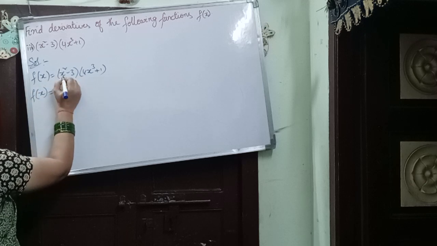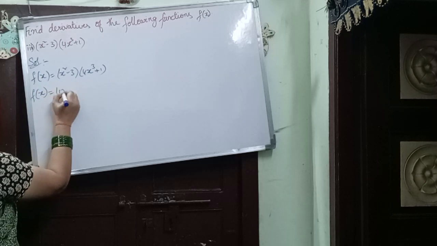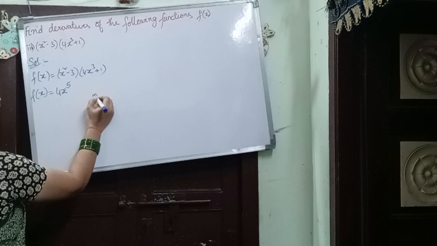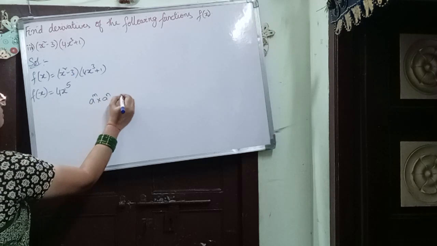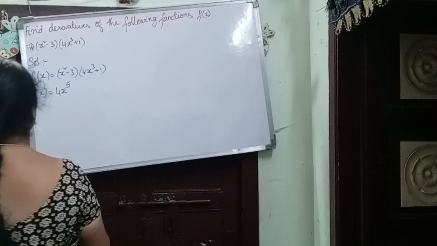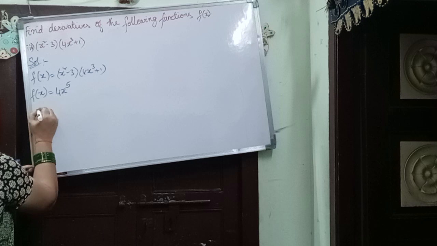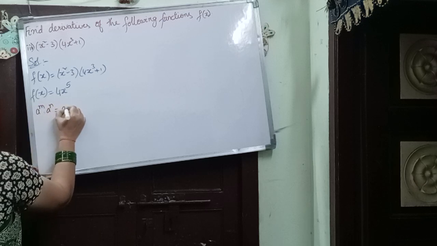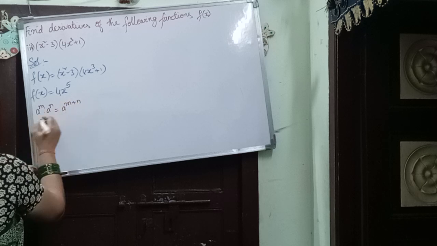Multiply these two. x square into 4x cube, you will get 4x power 5, because a power m into a power n equals a power m plus n. Let us write that formula here: a power m into a power n is equal to a power m plus n.